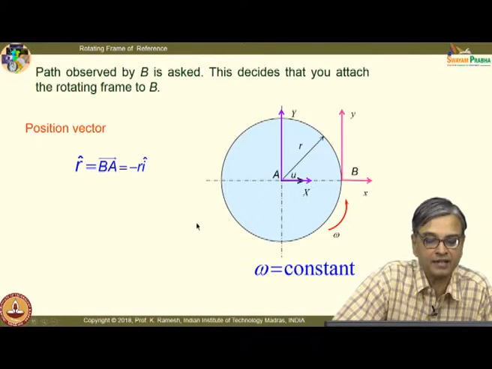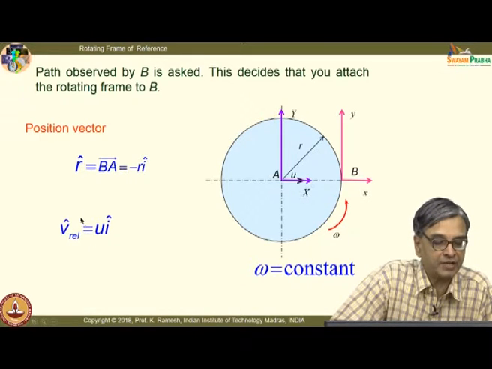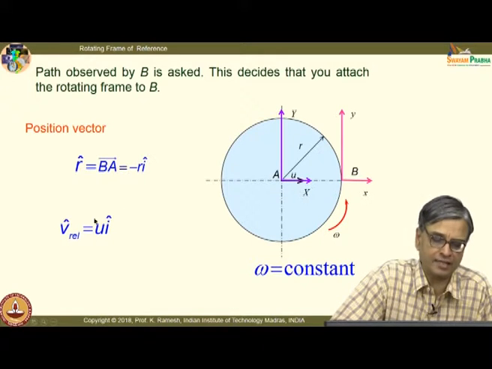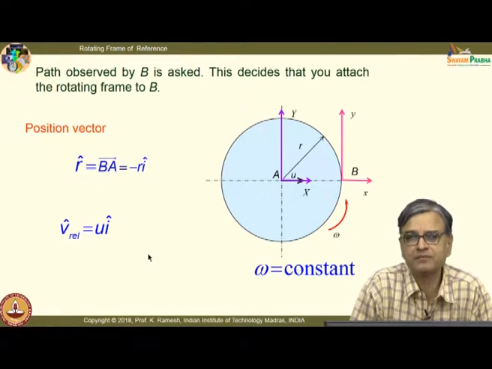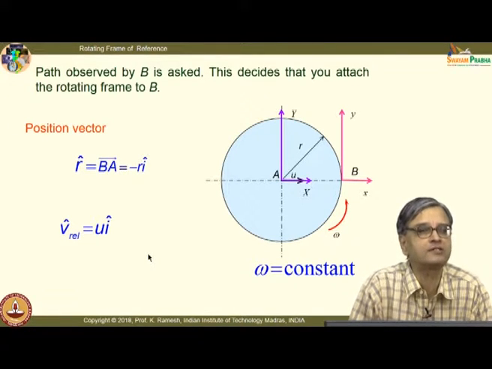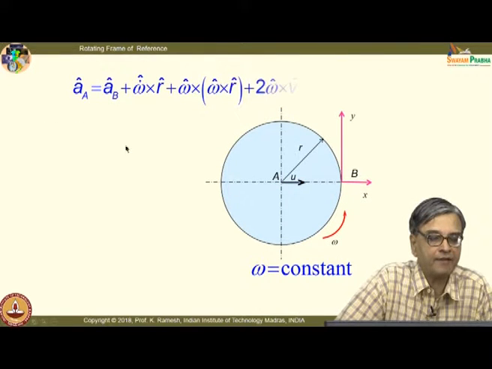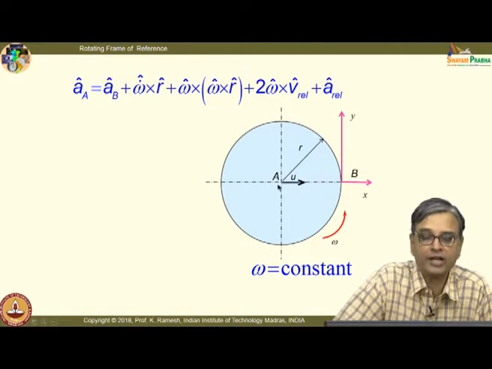So, it is minus Ri, and I have V_rel is u, very clearly given in the problem statement. An observer sitting on the rotating platform would observe a constant velocity u, and I have the standard expression for the acceleration of point A, because he is going to observe the ball thrown at A, thrown by the boy at A.